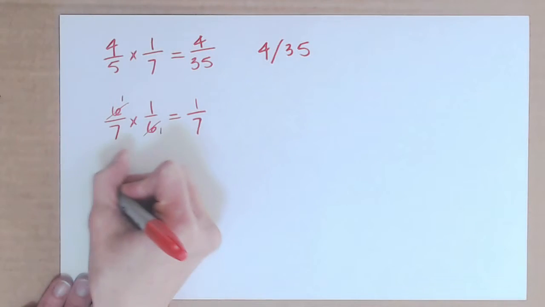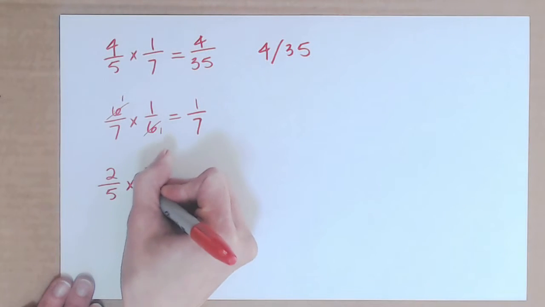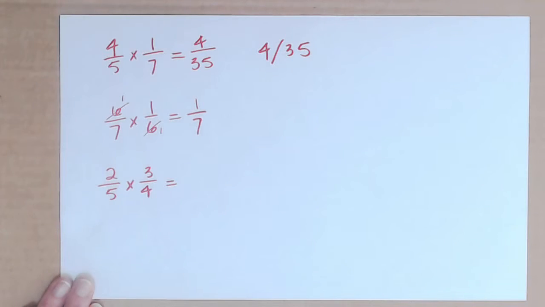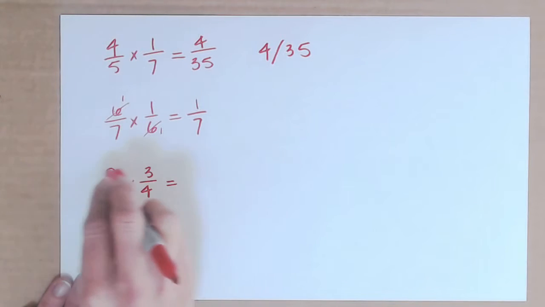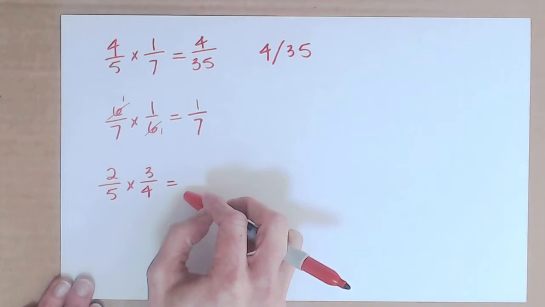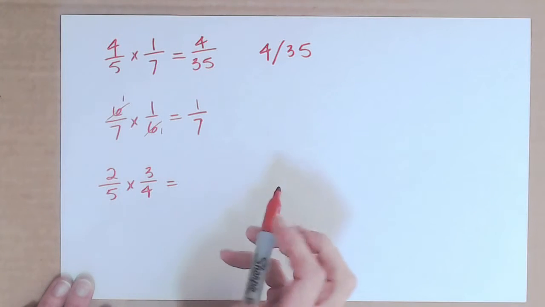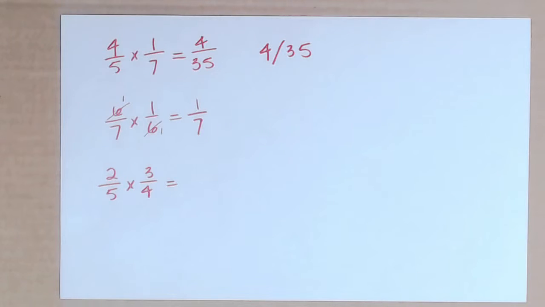Okay, another one, 2/5 times 3/4. And again, you could do straight multiplication, 6 over 20, reduce that in your head, 3 over 10, because you know they're both even, you can divide by 2. Or you can, in your head, think about simplifying this before you multiply.